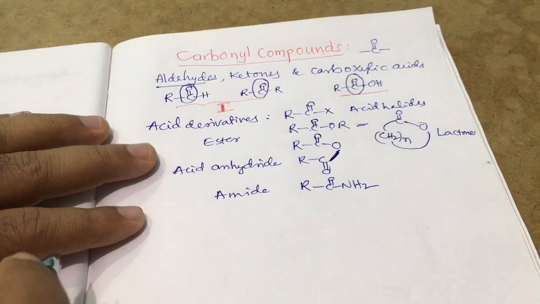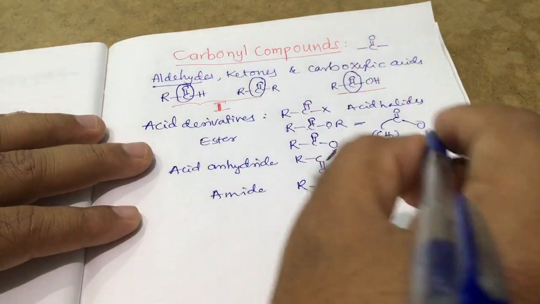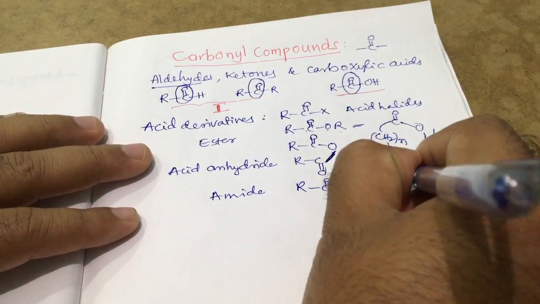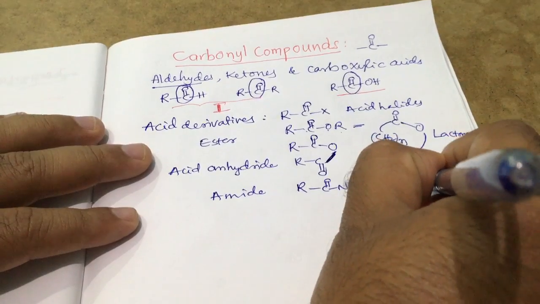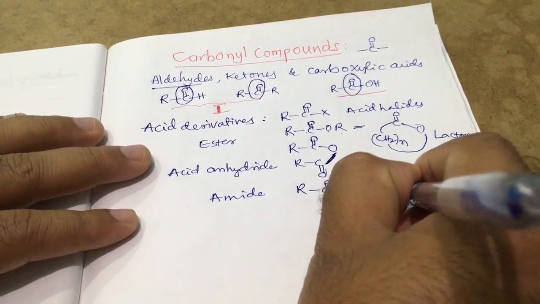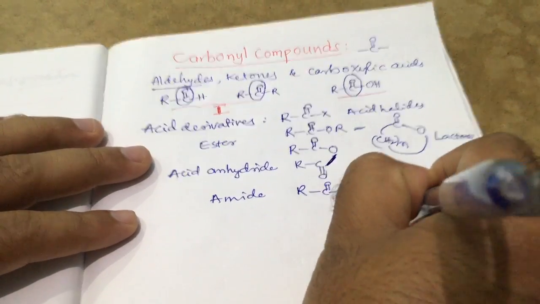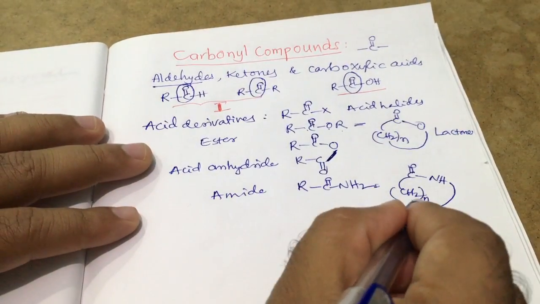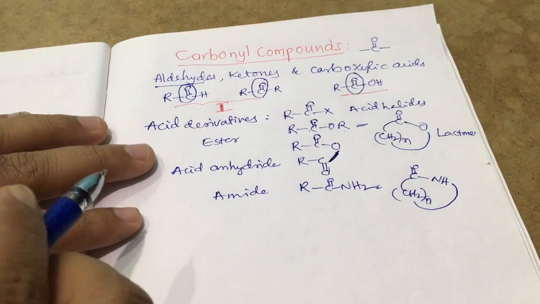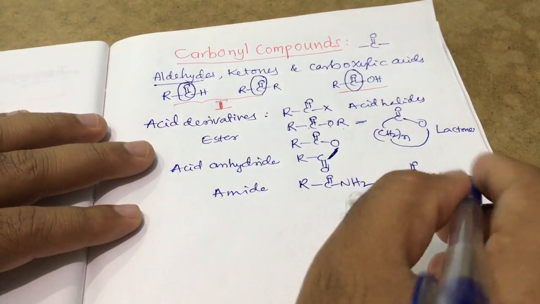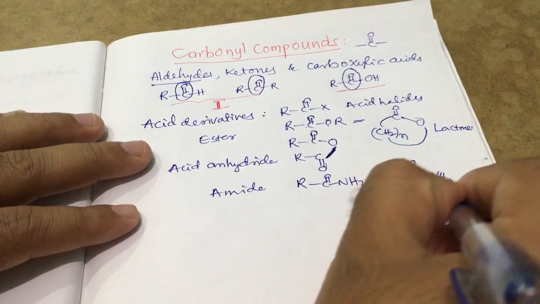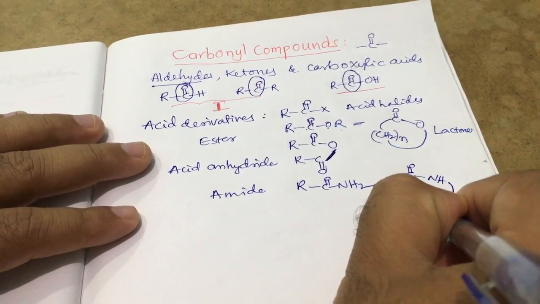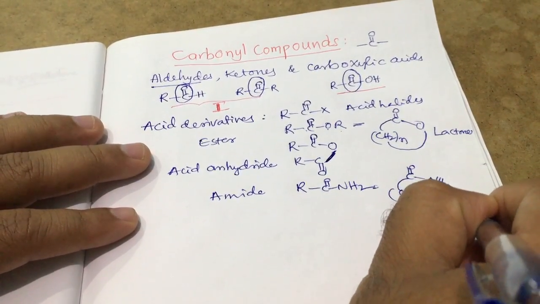Next, amides also have a cyclic form, that is C=O NH, and here also CH2 is taken in, n, bonded cyclically. n may be 1, 2, 3, depending upon the number of carbons. This is called cyclic amides. Cyclic amides are known as lactams.